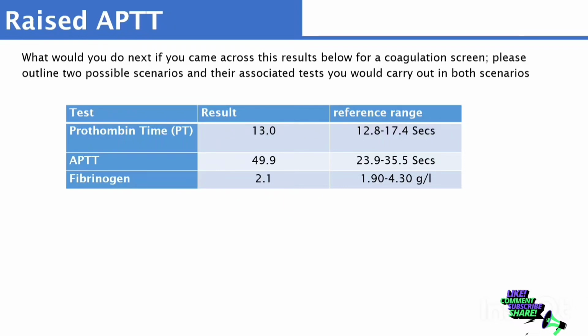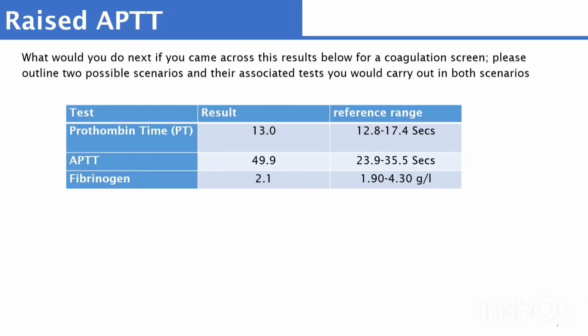Right. So now, what would you do next? I want us to quickly think about pre-analytical. Even though the APTT is raised, perhaps you might need to consider the pre-analytical. Is the sample clotted? Is the sample underfilled?